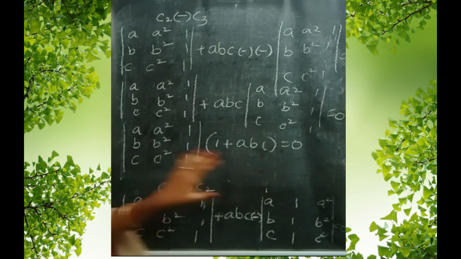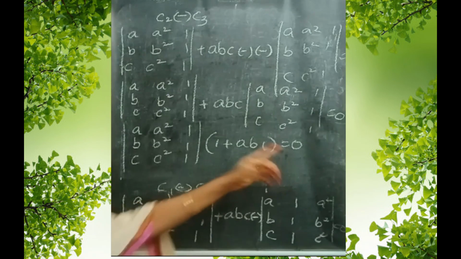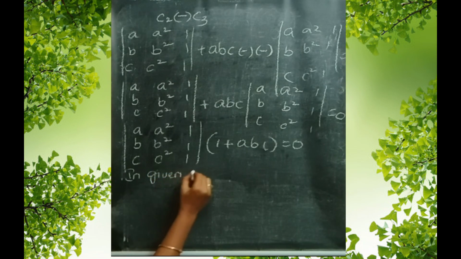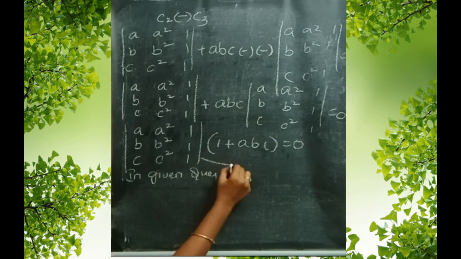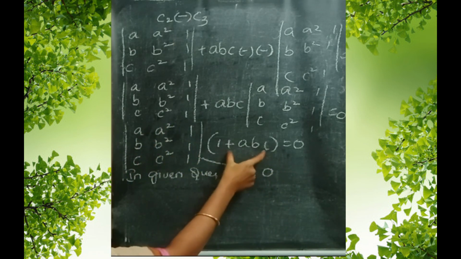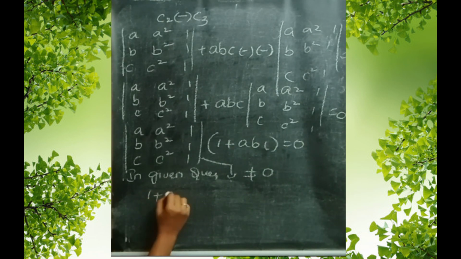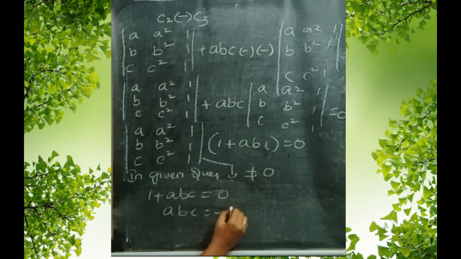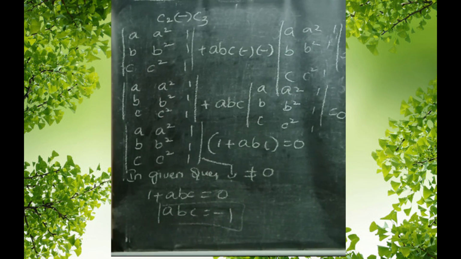So this matrix is not equal to 0, then the other factor has to be 0: 1 plus ABC equals 0. So ABC equals minus 1. That is what we had to prove. We have proved that ABC equals minus 1.